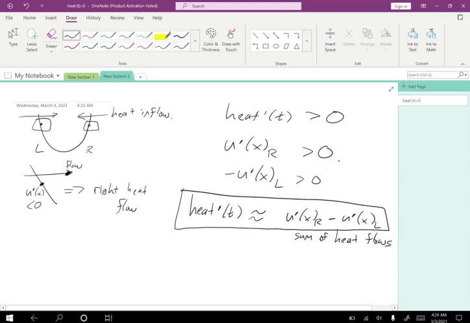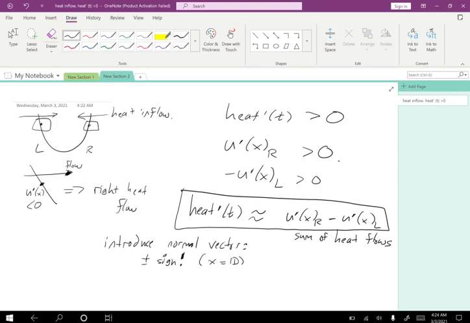Okay, so to get this into a surface integral form, we're going to now introduce the normal vector that we want. So the normal vector is actually just going to be a plus or minus sign, because remember, x is 1D. We're just in the 1D scenario. So the normal vector, let me just draw the normal vectors really quickly.